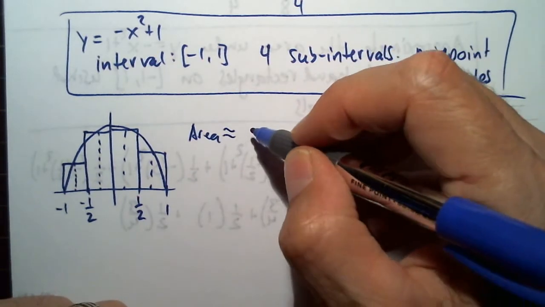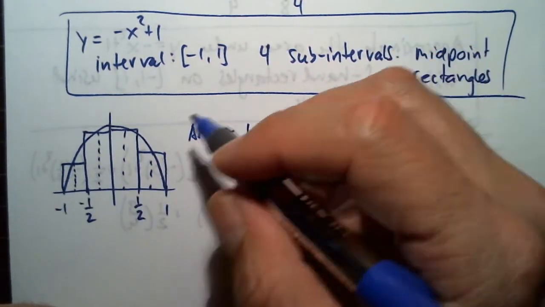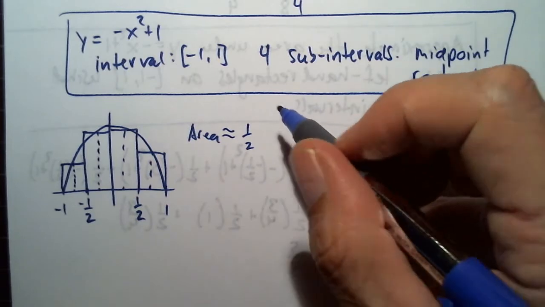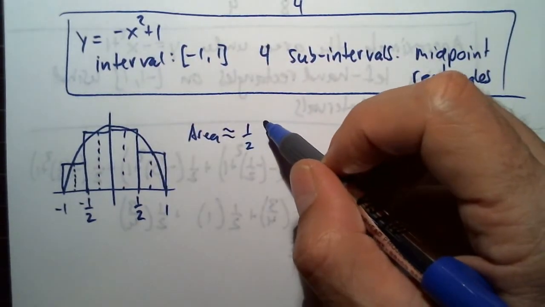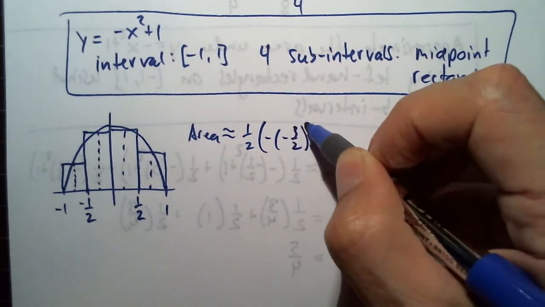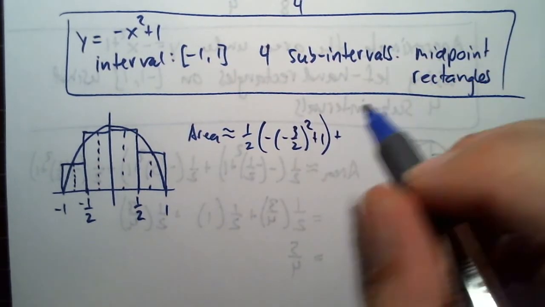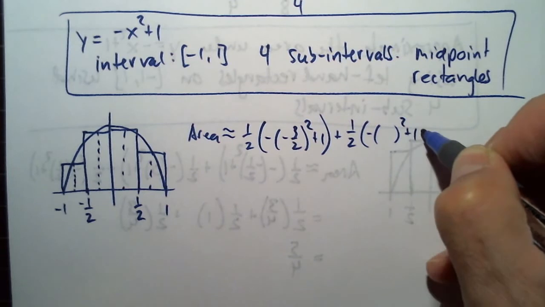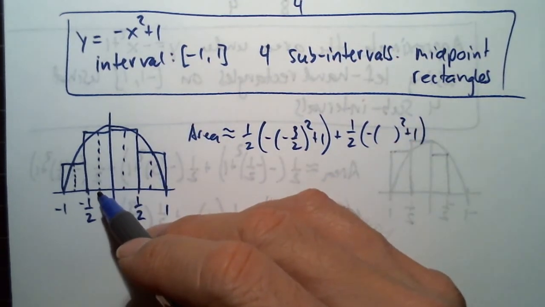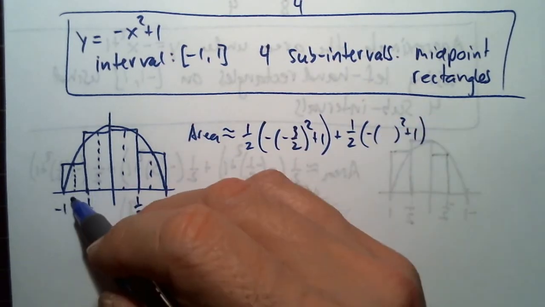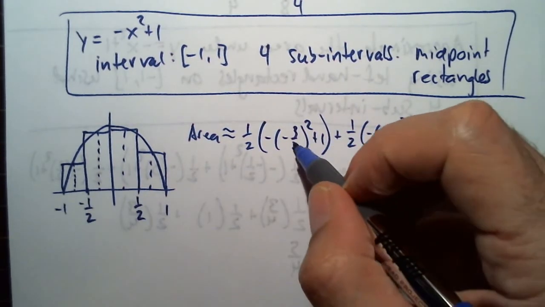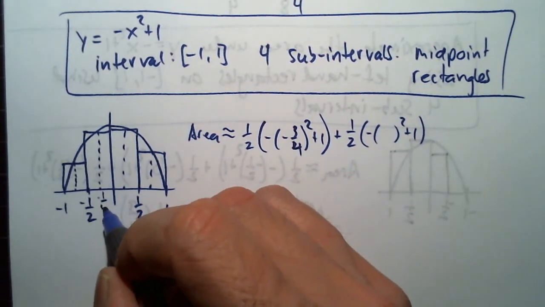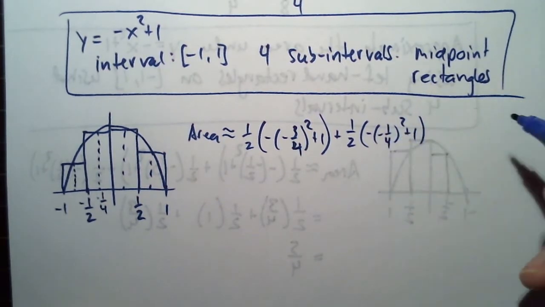So the area is approximately the base, which is still 1/2, but now the height is going to be, this is -3/2, so we're going to put -3/2 in there. Then we're going to go base is 1/2, and this is oops, that's not 3/2, that's -3/4, and that is -1/4, -1/4 there.